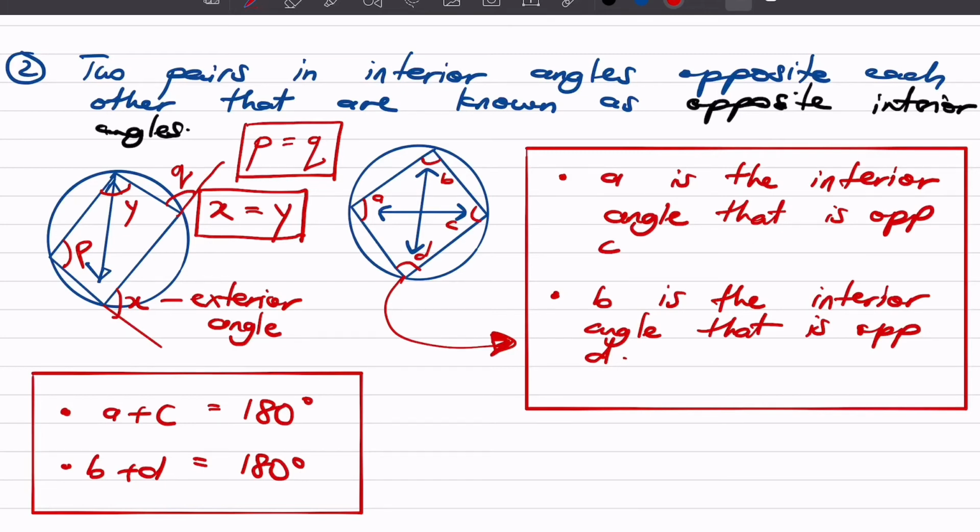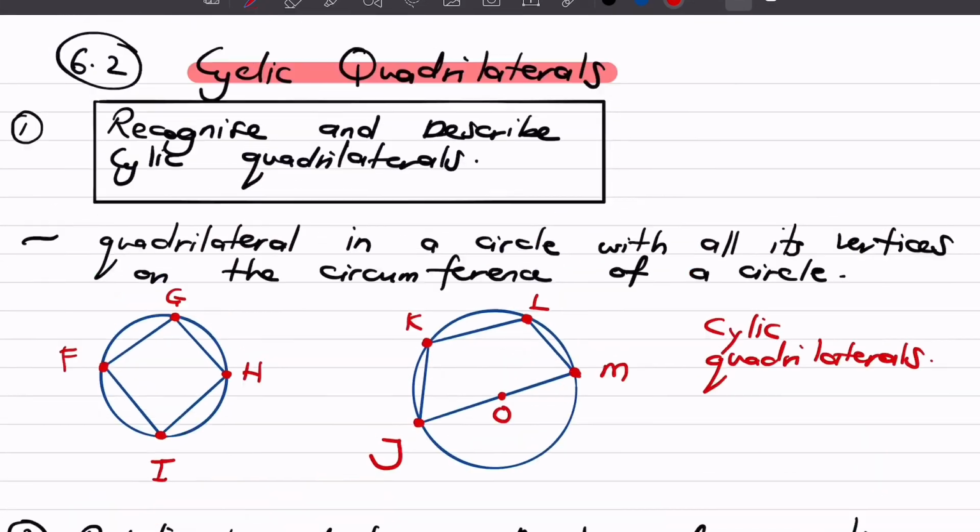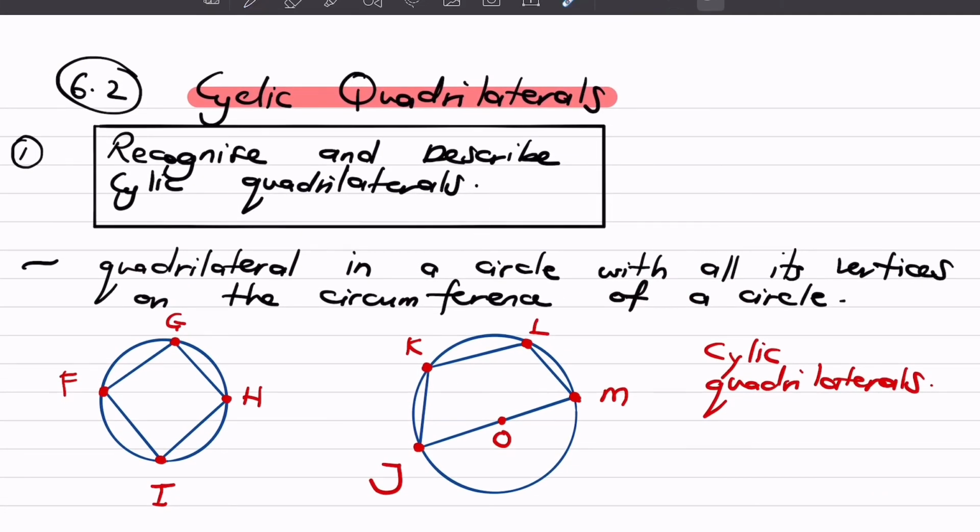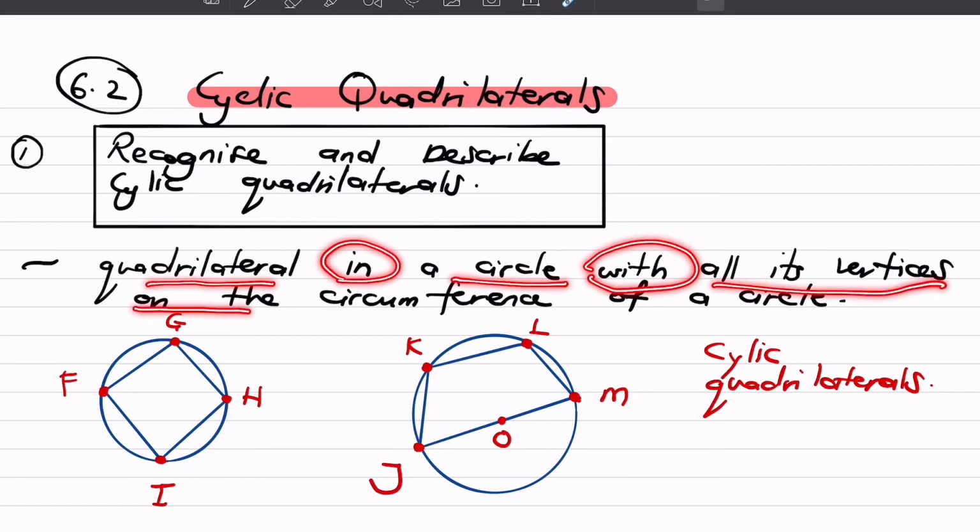Now this is the only notes that you have to know for cyclic quadrilaterals. So I'll repeat back. To recognize and describe cyclic quadrilaterals, what is the theory? A quadrilateral in a circle with all its vertices on the circumference of a circle.